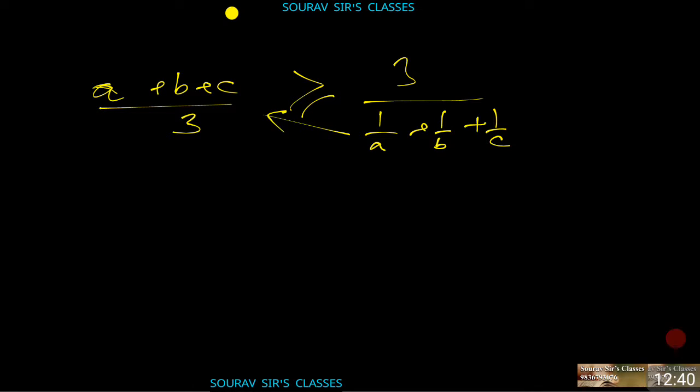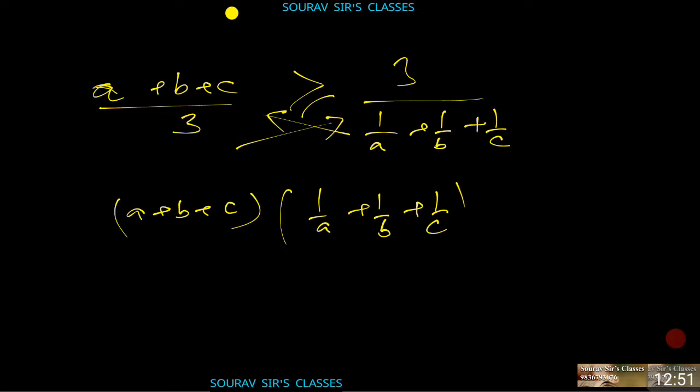Hence, cross multiplying, we get (a+b+c) into (1/a + 1/b + 1/c), which is greater than or equal to 9.